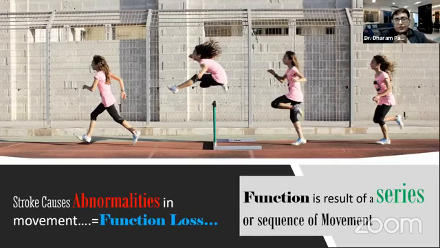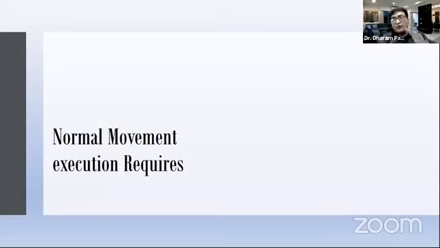From the first picture, when she's starting, to when she ends up crossing the hurdle, you can note there are a lot of movements taking place at the level of the ankle, knee, hip, even in the trunk, and even in the upper limb, which is not at all associated with the jumping function, right? So now we have to understand that function is a series or sequence of movements.